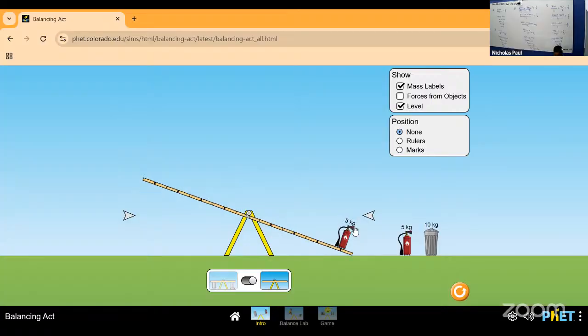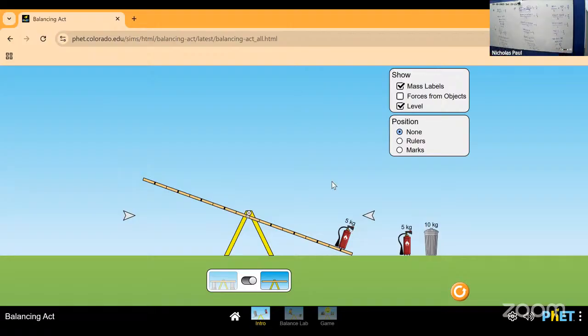That's the reason why your door has the handle way down at the end, because your moment is largest. Here's the pivot. If you put the door handle in the middle, you'll have to apply a greater force to open and close.